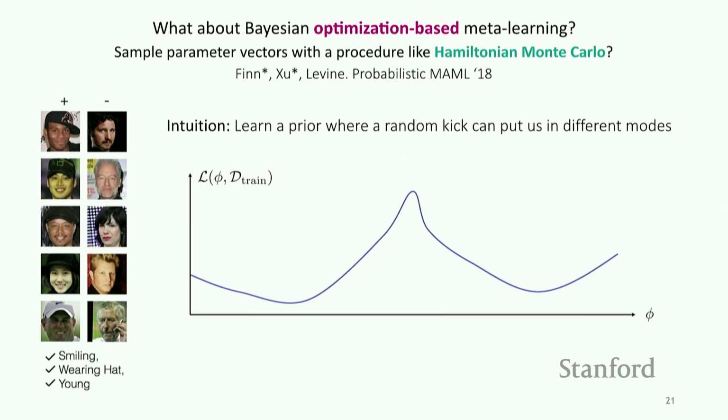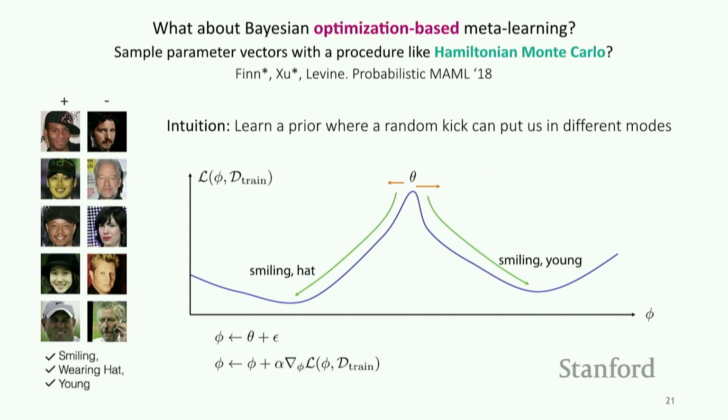So for example, if this is our loss landscape, there are different modes of solutions. One corresponds to a classifier that classifies on smiling and wearing a hat, one that classifies on smiling and being young. We essentially want a parameter vector here such that if we add some noise to that parameter vector and then run gradient descent, we get to different modes of the solution.